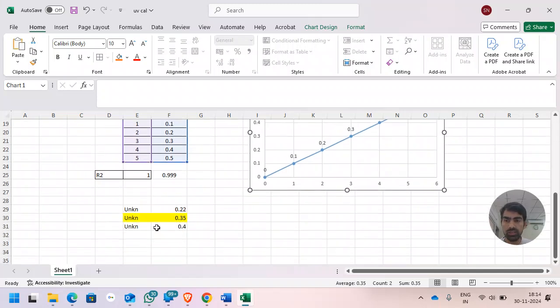We're taking an unknown sample with 0.35 absorbance.